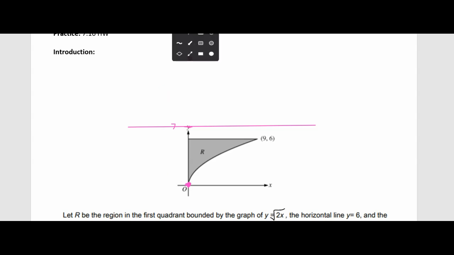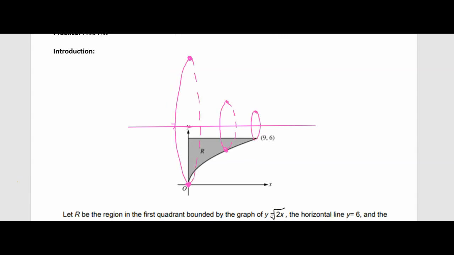Okay, so those would be the disks if I just revolved that entire region around that pink axis. But remember, I don't want to include the volume formed by revolving this green region around.